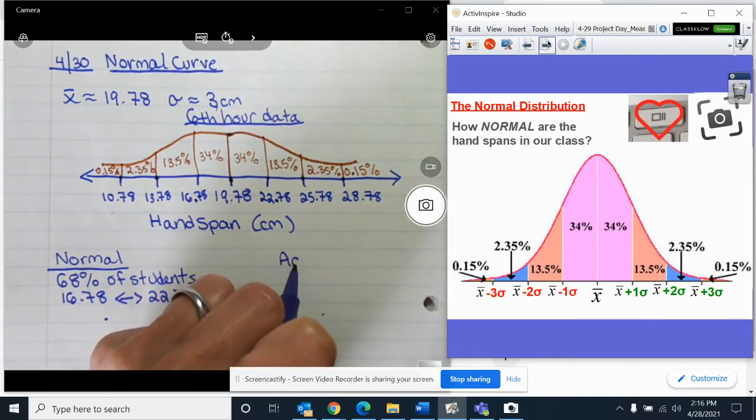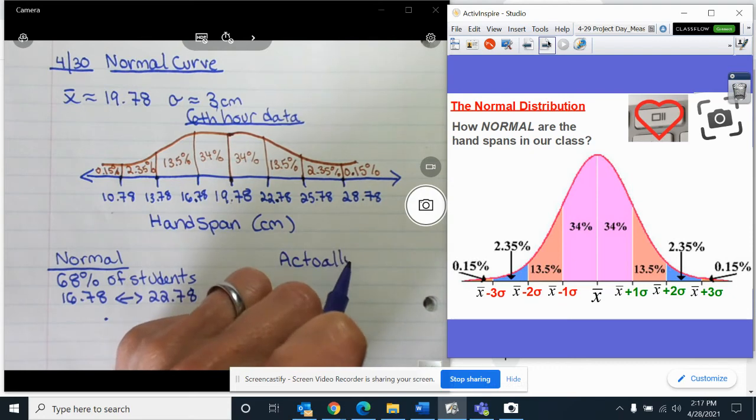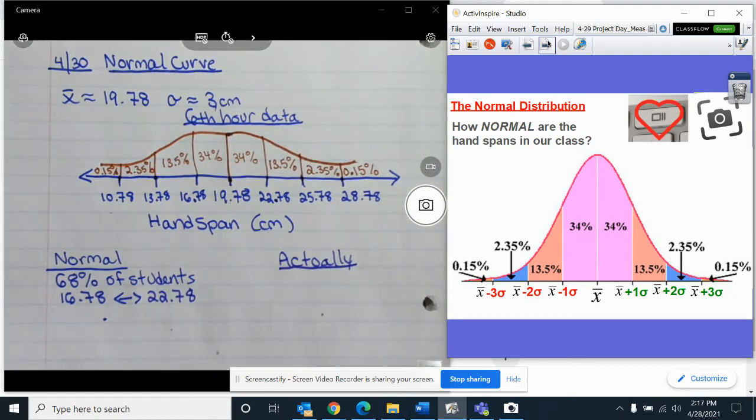But let's look at what actually is going on.